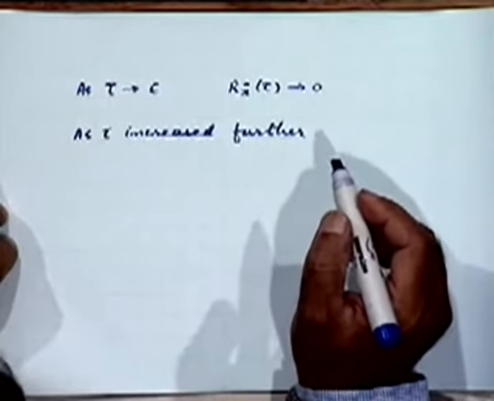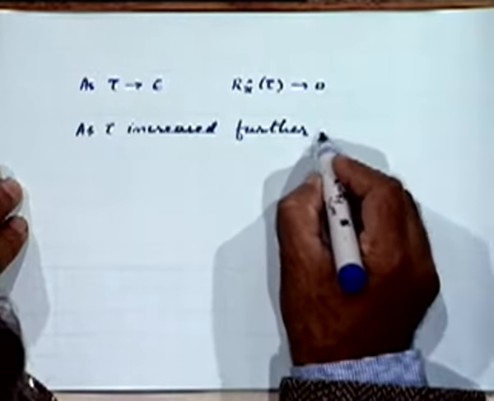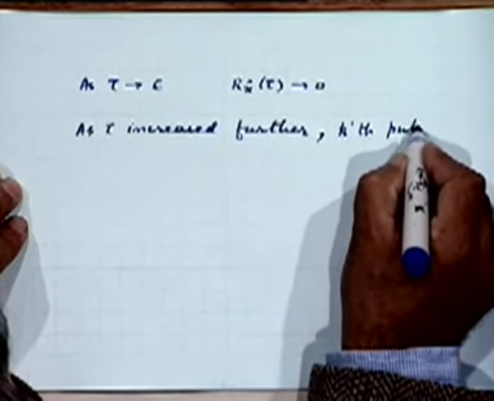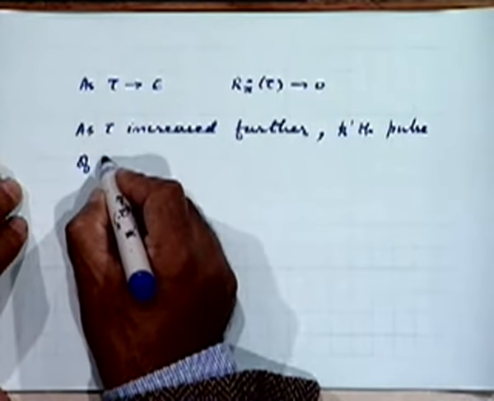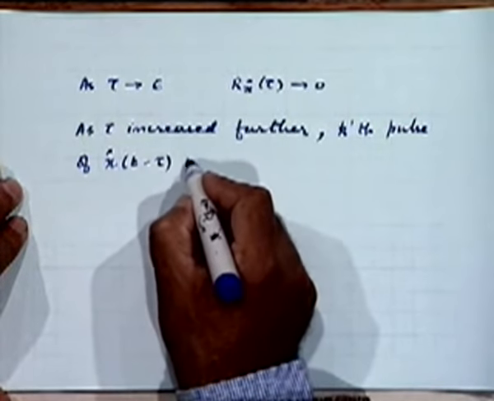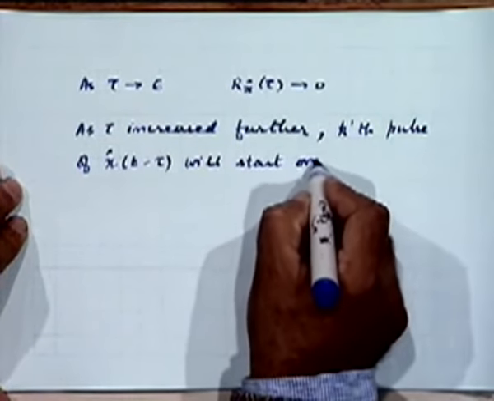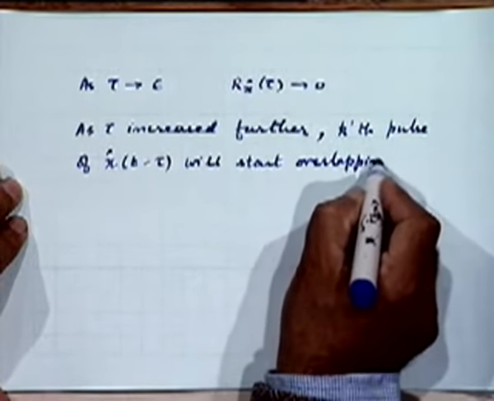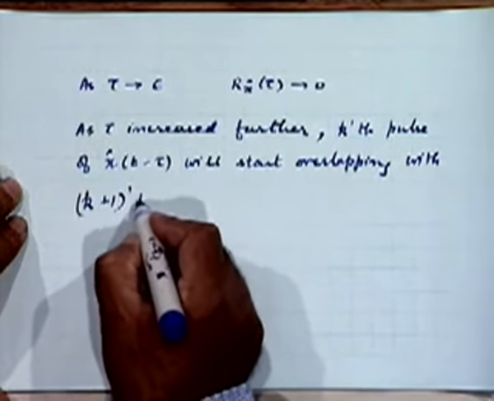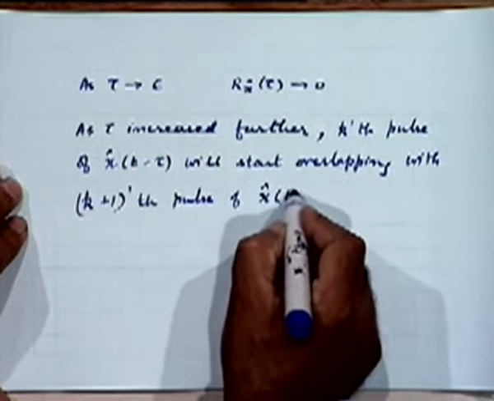Very good. Now as tau is increased further, this is what has just been pointed out. The kth pulse of the delayed pulse x hat t minus tau will start overlapping with the k plus 1th pulse of x hat t, right?